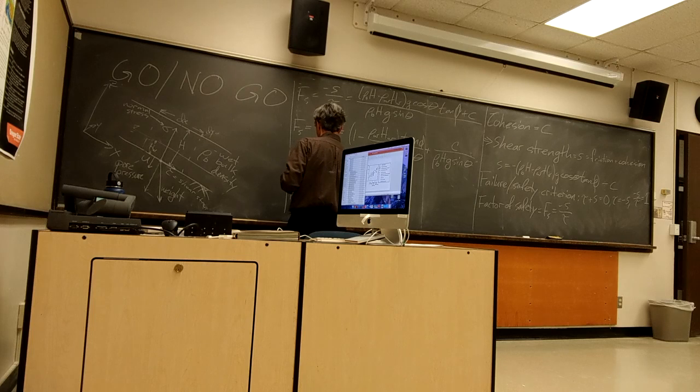If the factor of safety is less than 1, then I have failure. So in the dry cohesionless case, I have stability as long as my friction angle is greater than my slope angle. Simple enough.